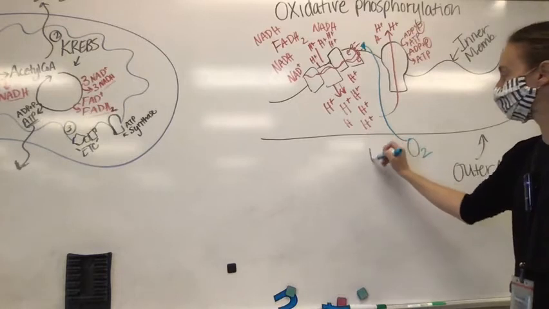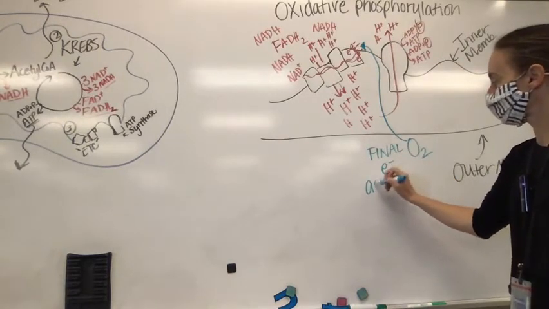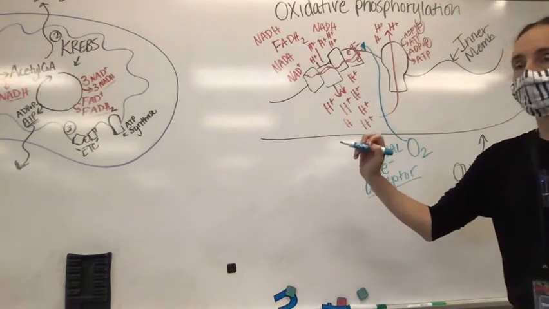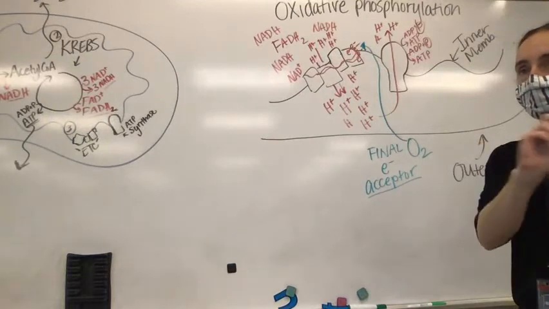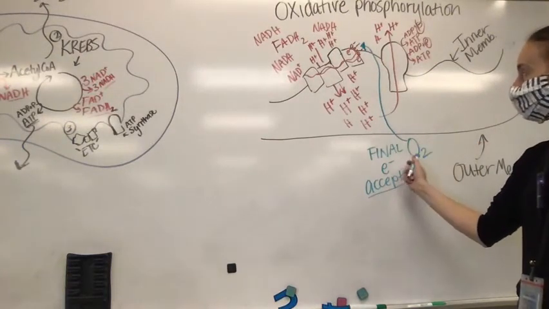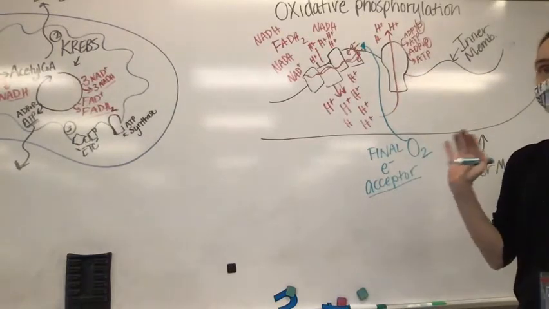Okay, so this is the final electron acceptor. That is a big point for College Board. This blue part is what they talk about quite a bit, and it's because it's super important.